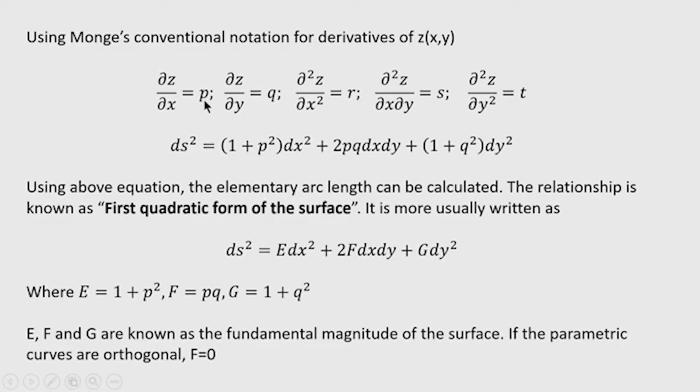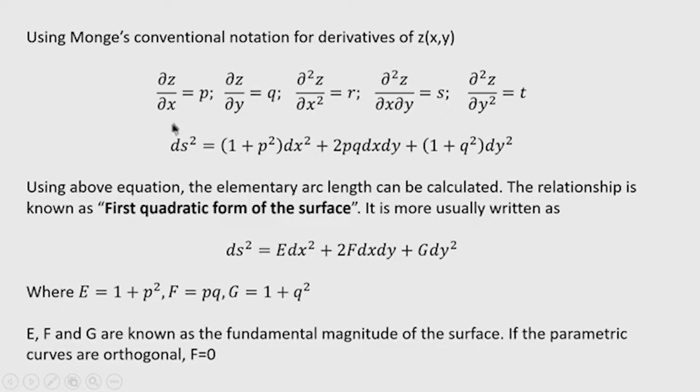So, del z by del x as p, del z by del y, the slope of the curve along the y direction, as q, and this is the curvature of the curved line, that is del square z by del x square, and it is denoted by r, and curvature along the y direction, del square z by del y square, is denoted by t, and del square z by del x del y, it is the twist curvature, that is denoted by s. Okay.